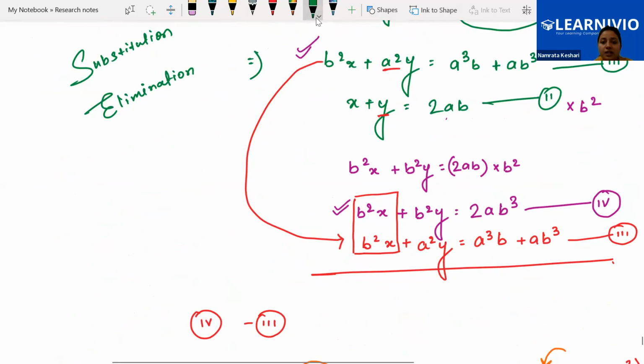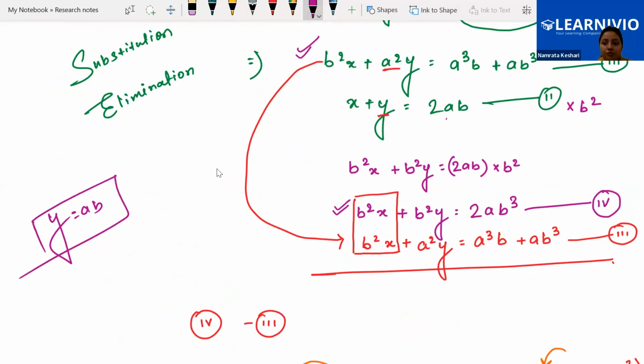From equation 3, 2, or 4, whichever seems the easiest equation to you, please pick that equation and find the x value. You have to substitute your y value to get the x value. Please do it.